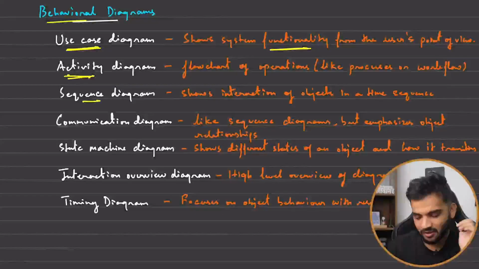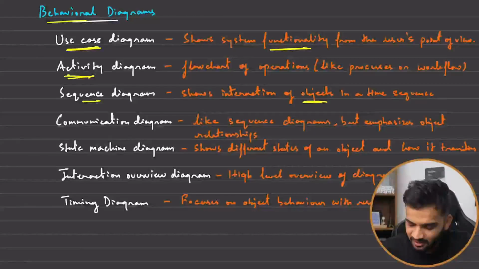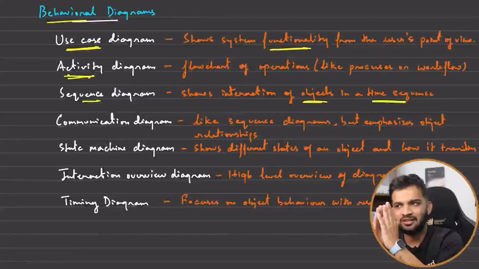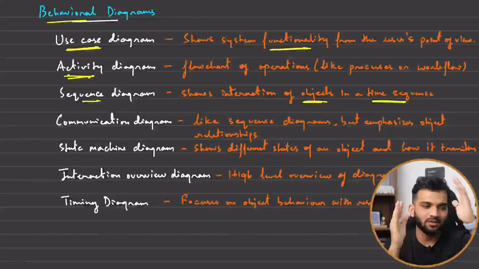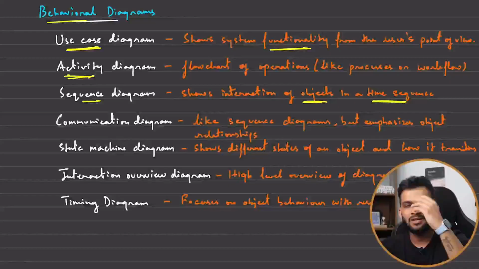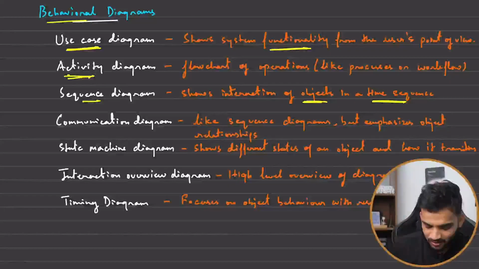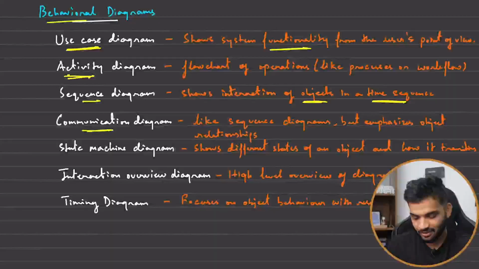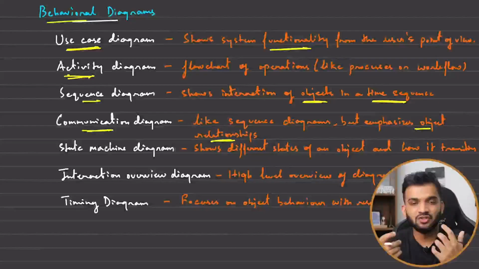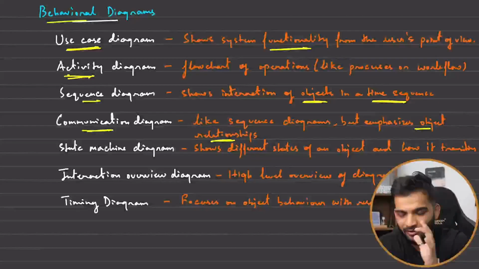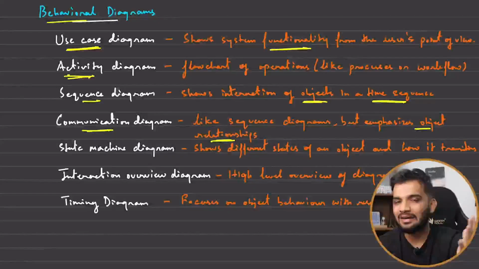Sequence diagram shows interaction of objects in a time sequence. First, this one called this, then this one called this, then this one again called this, and so on. These kinds of things. Communication diagram is like sequence diagrams, but emphasizes object relationships. You get into every instance, how it is communicating and everything else.